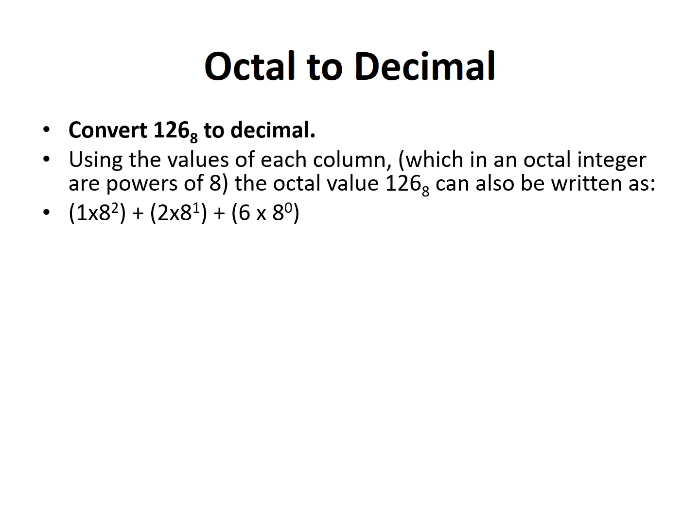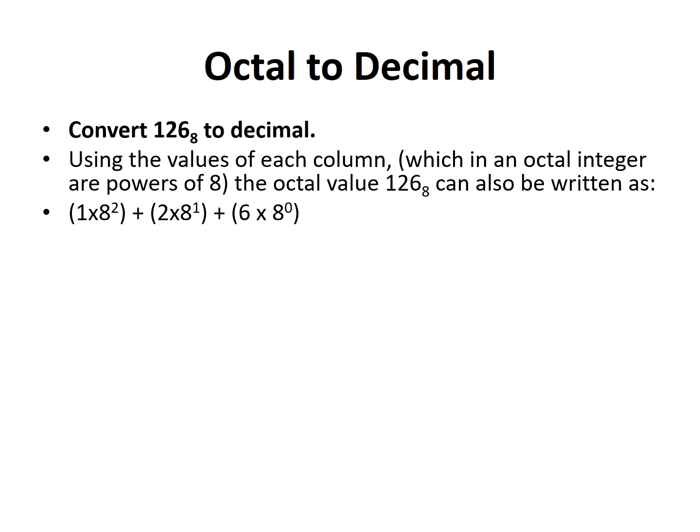The last digit is multiplied by 8 power 0, then the next digit by 8 power 1, then the next digit by 8 power 2. So 126 is written like this: 1 into 8 square plus 2 into 8 power 1 plus 6 into 8 power 0.